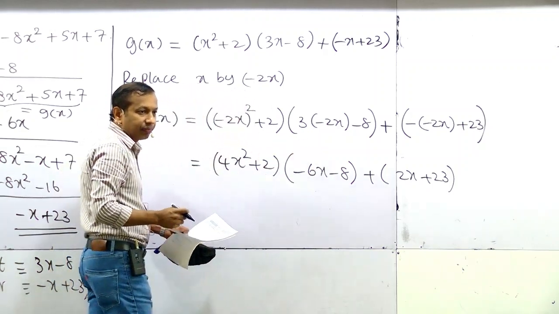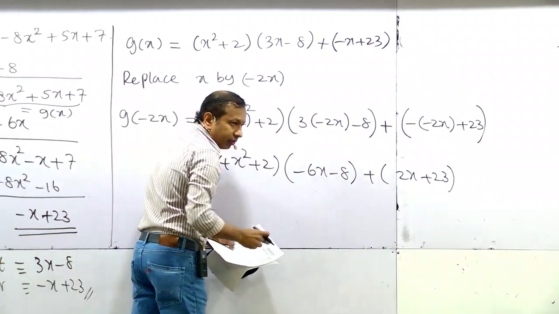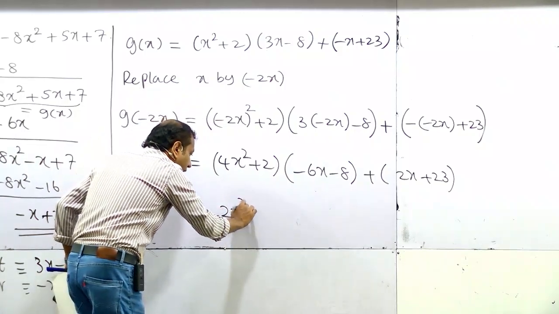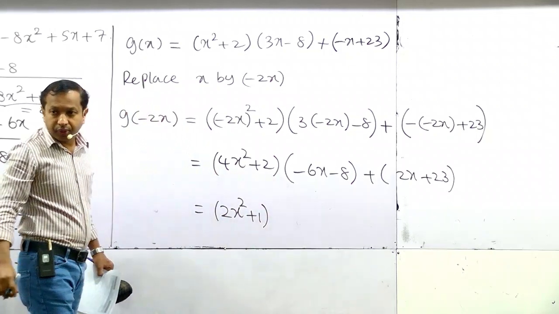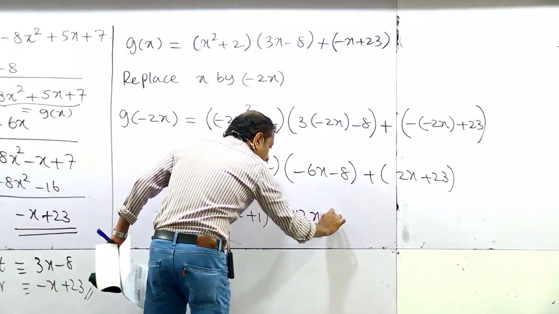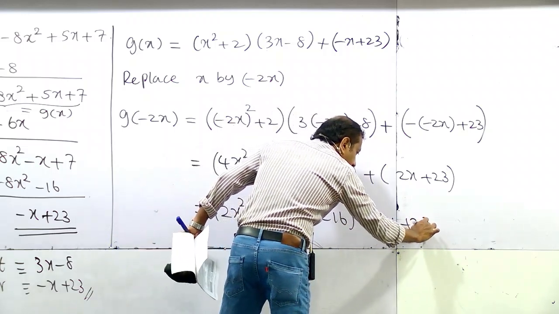Then here we get 2x squared plus 1. When I take 2 out, by that 2 we multiply inside the bracket, and we get minus 12x minus 16, plus 2x plus 23.